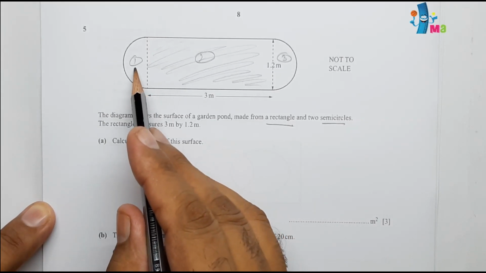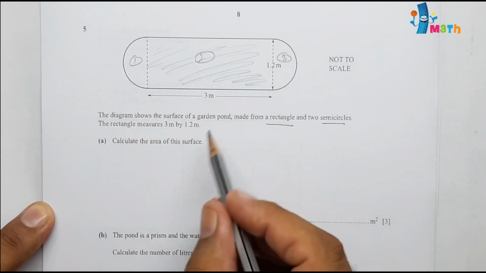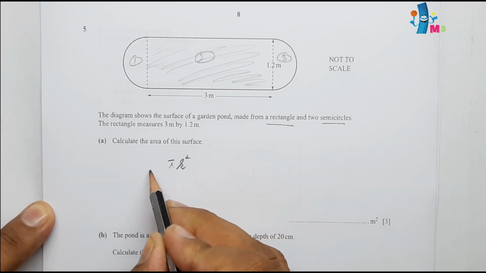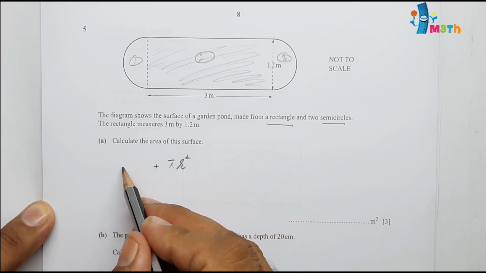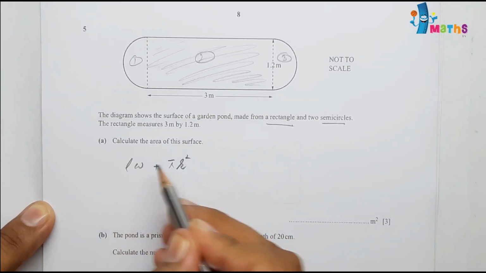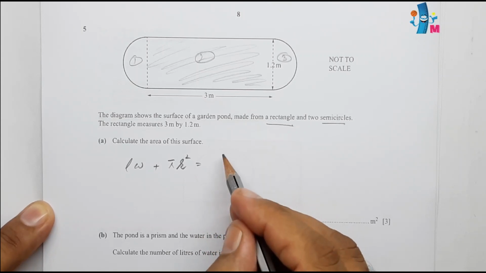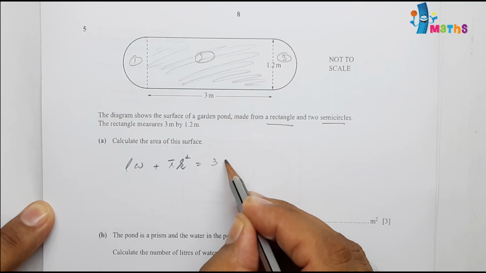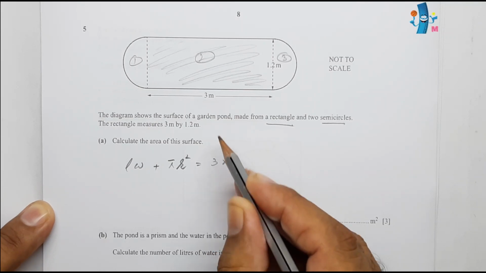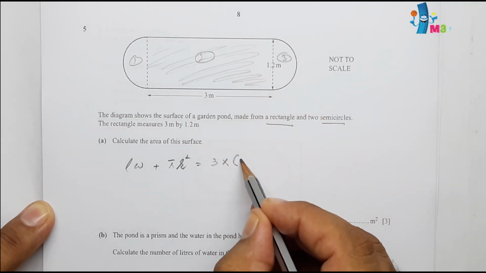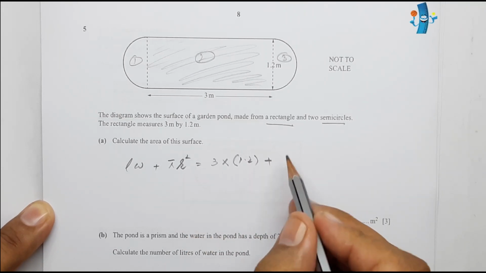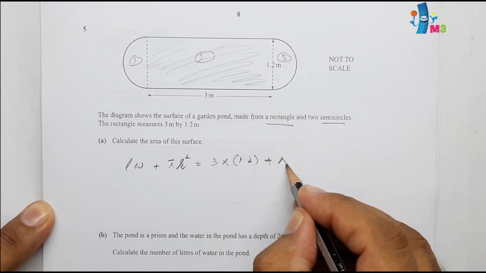So area of two semicircles, meaning a complete circle, will be equal to pi r squared, and area of rectangle will be length into width. So we can use this formula, and length of the rectangle is 3 multiplied by width, which is 1.2, and plus we can write pi r squared.